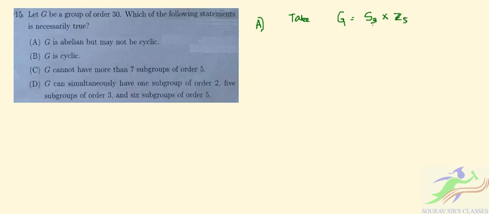S3 is the symmetric group of order 6. So notice that G is not abelian and it is not even cyclic, right? So A and B, these two stand wrong.